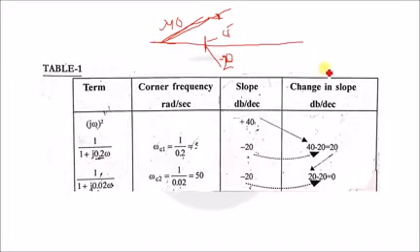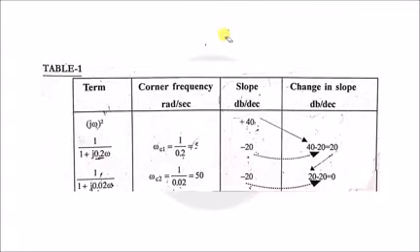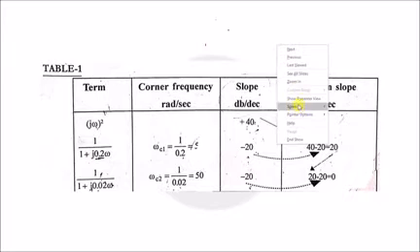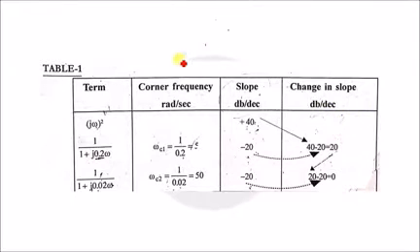Let me draw once again here. So this is the straight line, and we have, let's say, 40 dB, and at this point I am getting minus 20 dB.